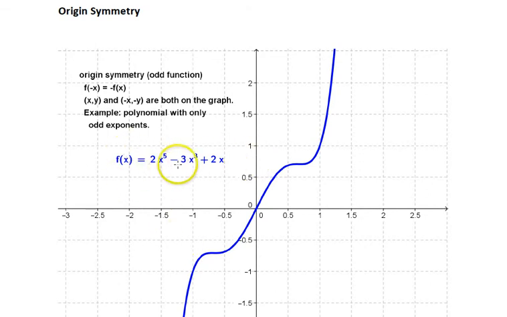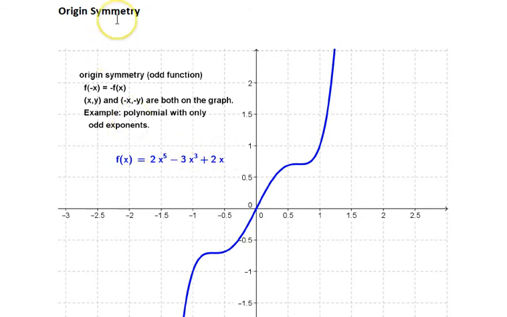Our example that we're showing here is 2x to the fifth minus 3x to the third plus 2x. Notice it's a polynomial with all odd exponents.